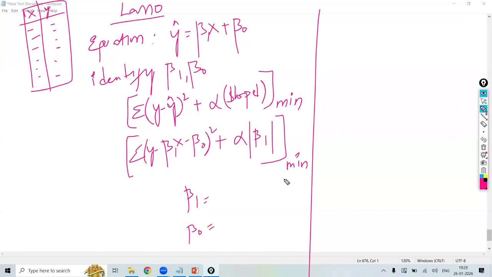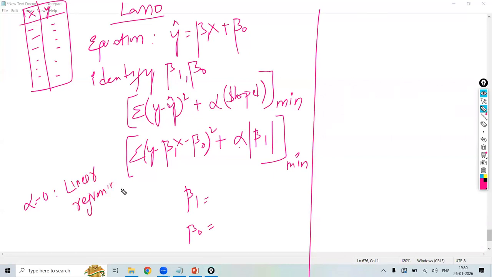When I expand this one, how many unknowns are there? Beta 1 and beta naught only, no? Y we know, x we know. Sir, what about the alpha, sir? Alpha is not a fixed value. Alpha, we have to do the tuning. We have to try different alpha values. If alpha is equal to 0, it is called linear regression.